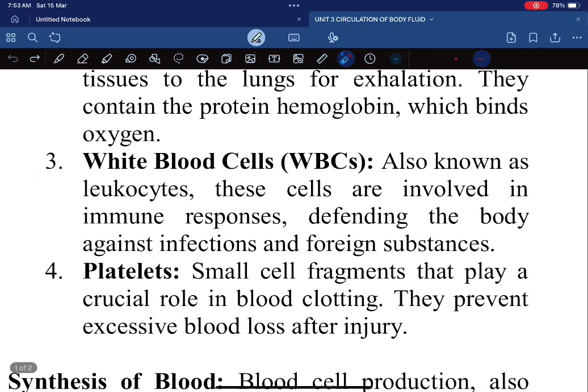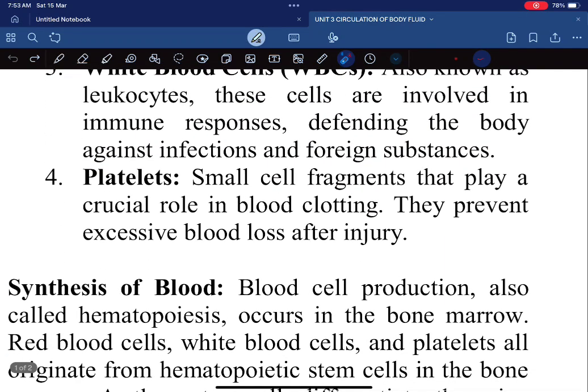Third, white blood cells, also known as leukocytes. These cells are involved in immune response, defending the body against infections and foreign substances. Platelets, small cell fragments that play a crucial role in blood clotting. They prevent excessive blood loss after injury.